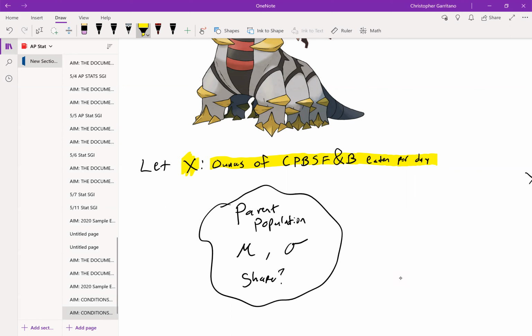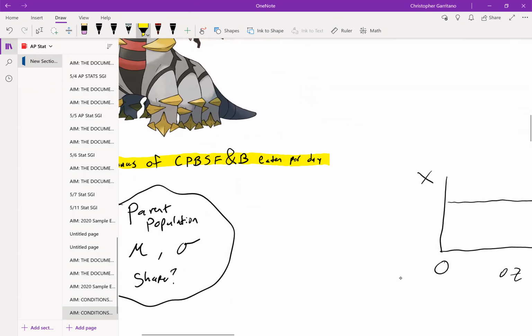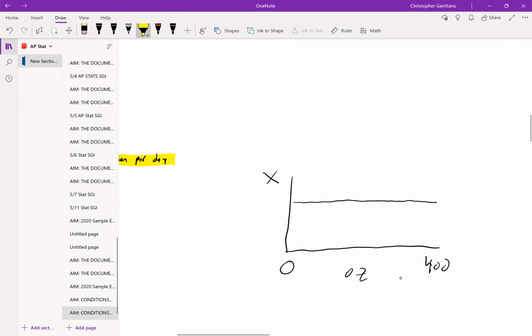The shape, not sure what it is. It doesn't matter though. But just to give you a sense of what I mean, the shape could be something called uniform. So actually that shouldn't be X. This is X. So let's say the number of ounces eaten per day goes from 0 to 400.